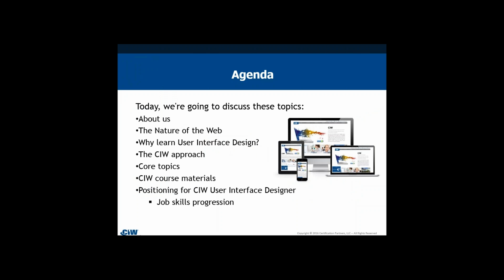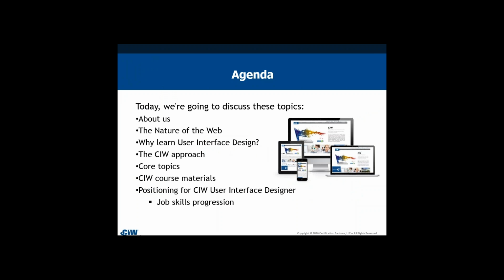Let's go ahead and just quickly go through our agenda. We've got a number of things. We're going to talk a little bit more about who Certification Partners and CIW are. We're going to talk about the nature of the web, a little bit more about why user interface design is important.